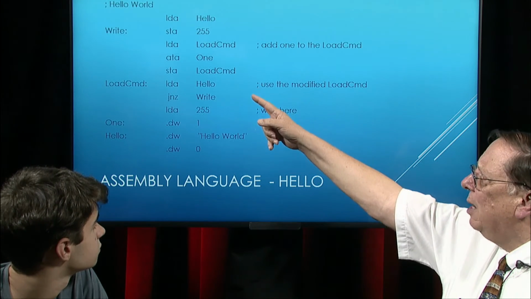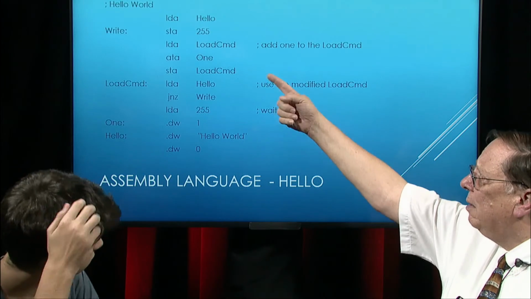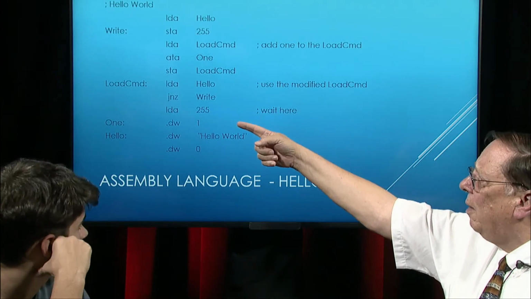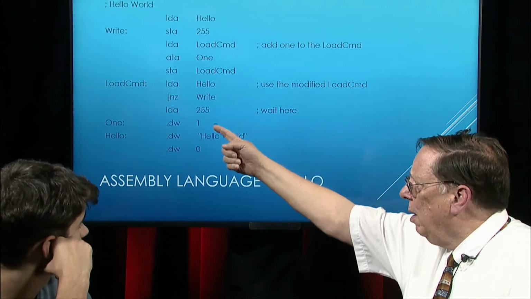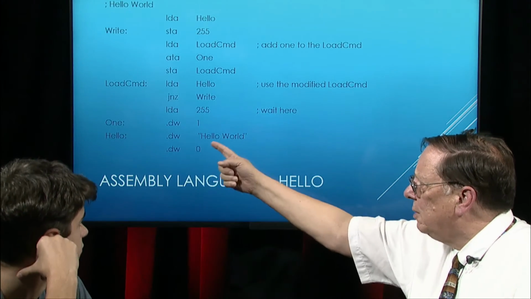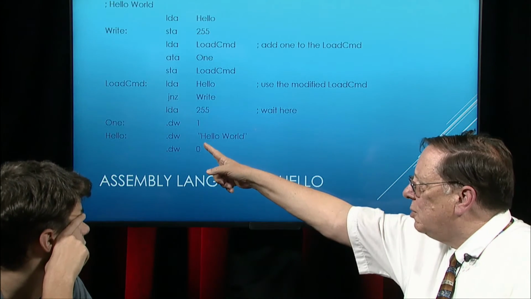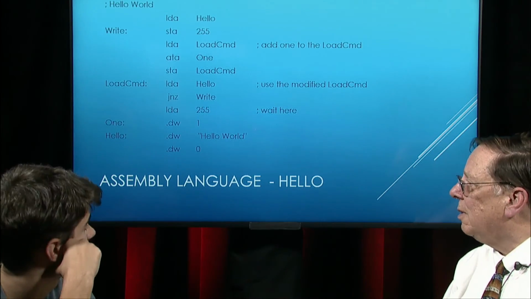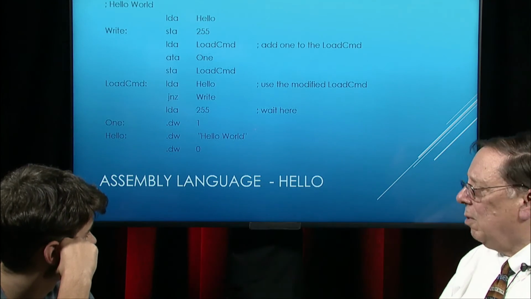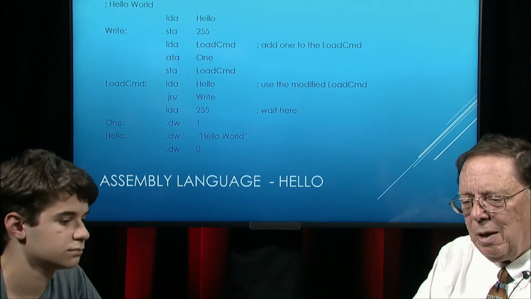We can say, go to the last command location. Here's the number 1 where it's located in memory. Here's a hello. And we can put in a string like this rather than having to write in those individual characters. We can just say, hello world. So anyway, that's called assembly language.